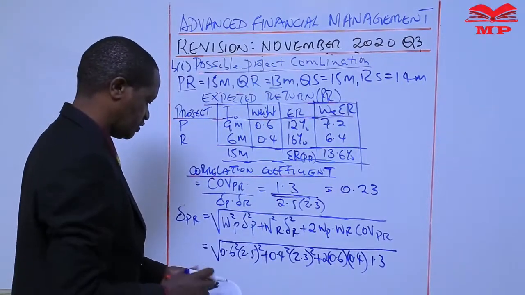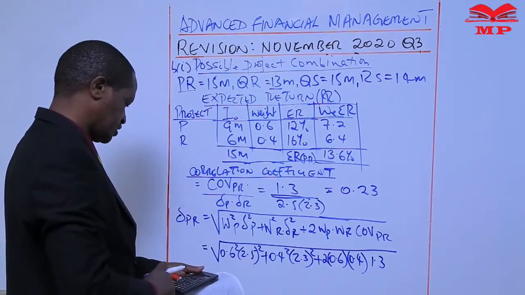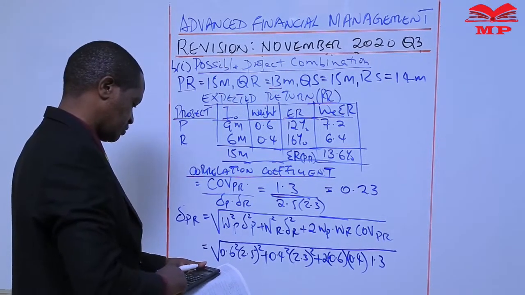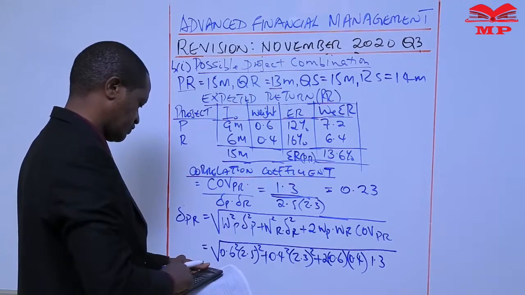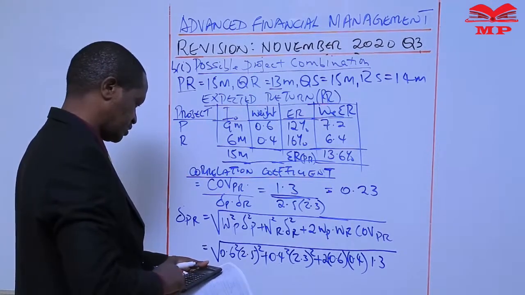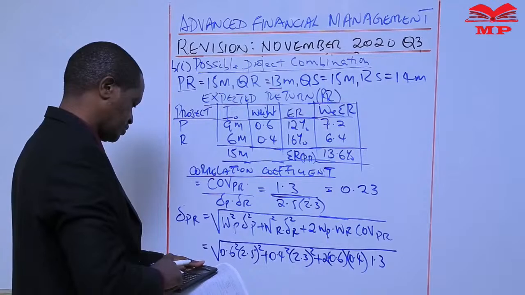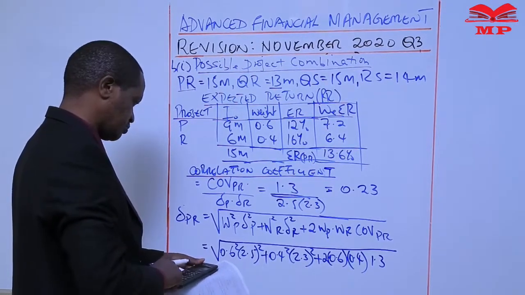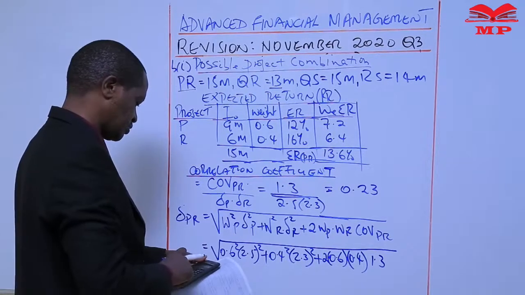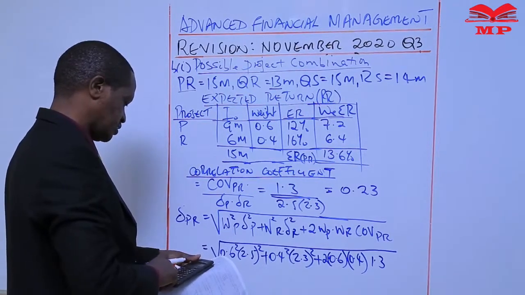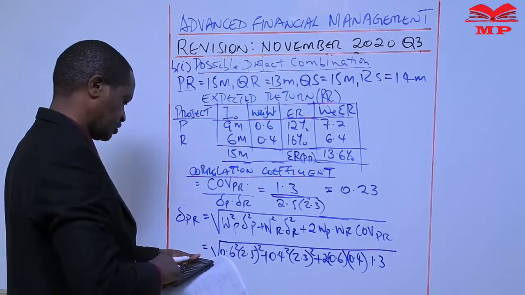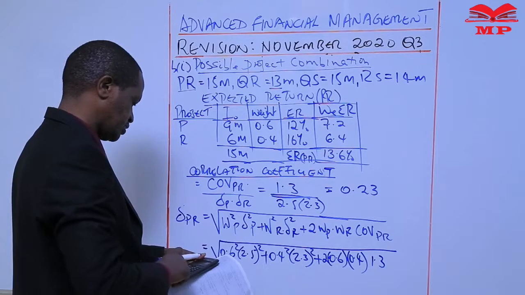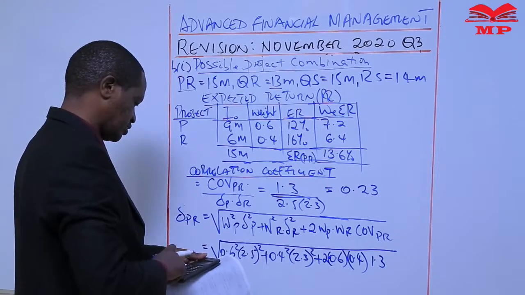The rest is the work of the machine. We multiply 0.6 squared times 2.5 squared plus 0.4 squared times 2.3 squared plus 2 times 0.6 times 0.4 times 1.3.